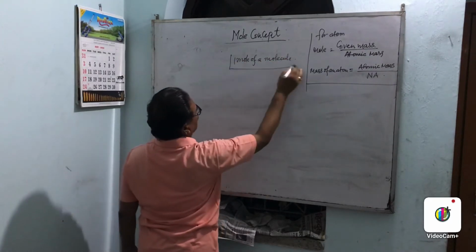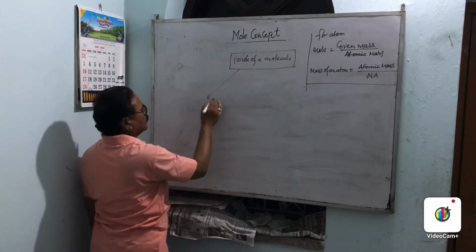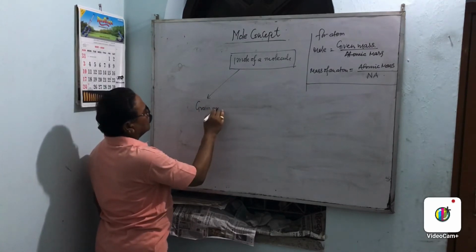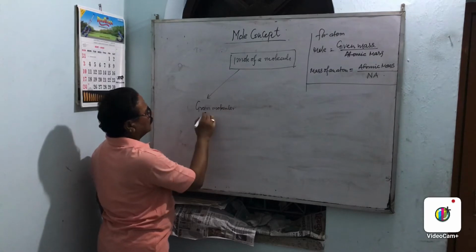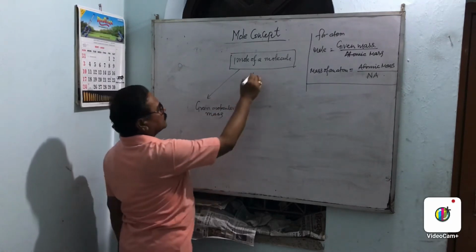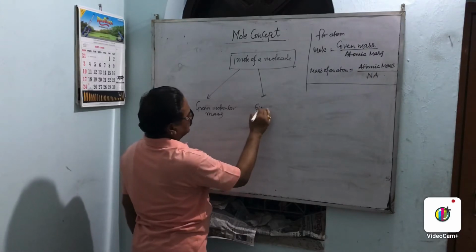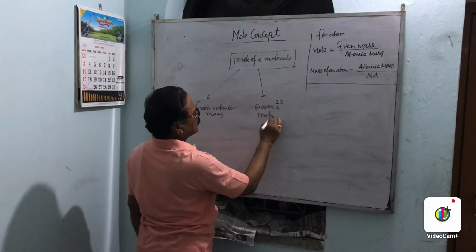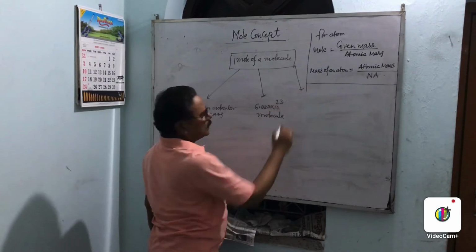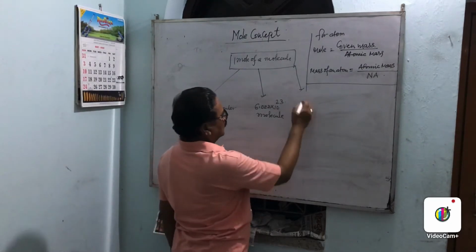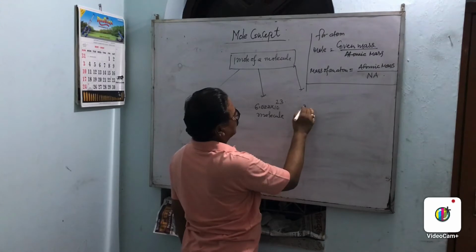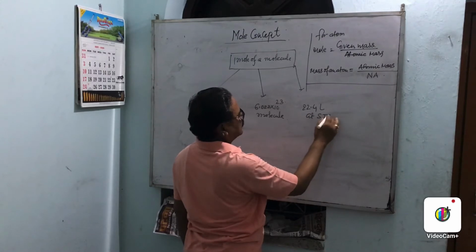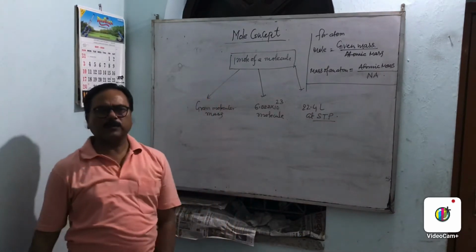So how will it be related? So we write here 1 mole is equal to gram molecular mass, that is 6.022 into 10 to the power 23 molecules. And again we write here, if volume is related with mole, that is 22.4 liters at STP, standard temperature and pressure, or normal temperature and pressure.